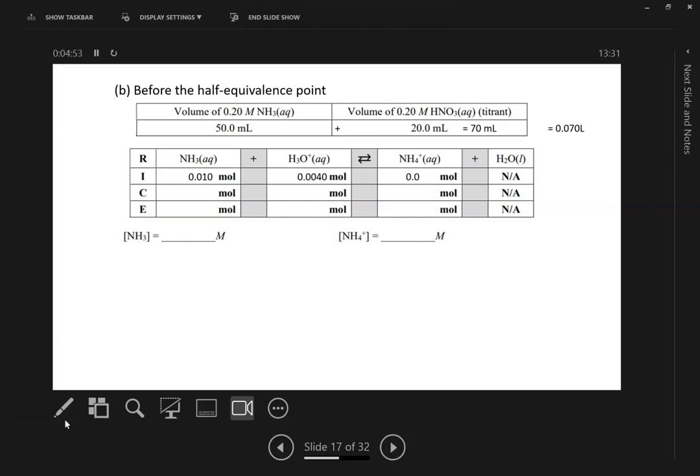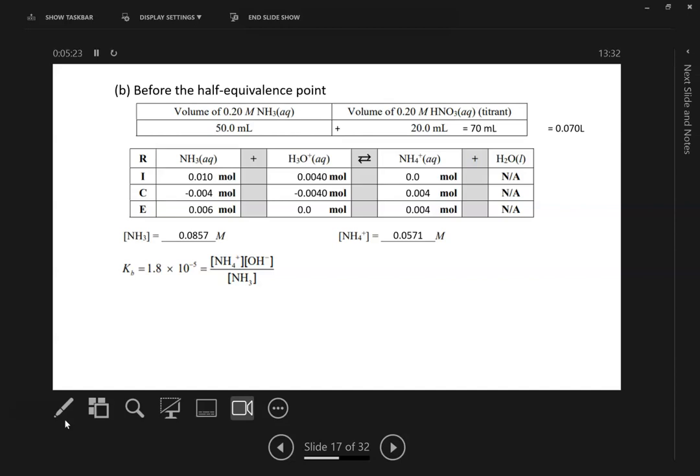We do the same for our acid, and we get 0.004 moles, and we can see that the limiting reagent here is our H3O+, so we're going to use it all, and we end up with 0.006 moles of NH3. We divide that by our 70 milliliters to get our molar concentrations.